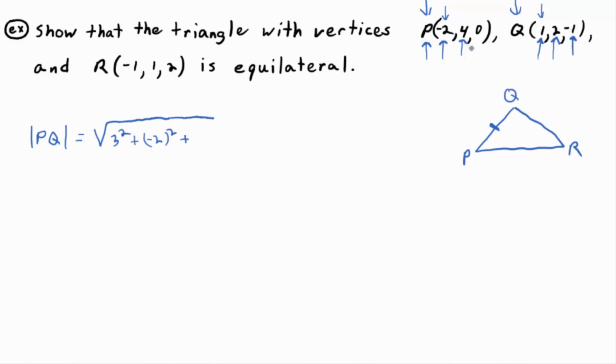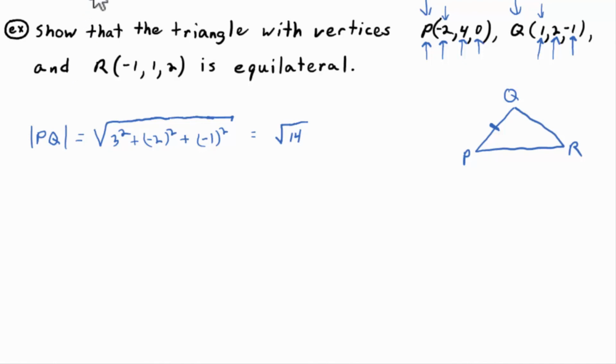It's -1 minus 0. So how about -1 squared? All right, so what do we get there? 9 plus 4 plus 1 underneath the square root. Root 14, maybe? Does everybody believe that?